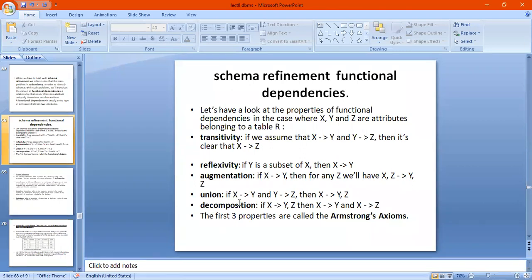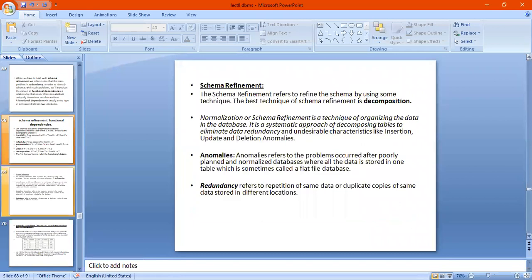Union: if X determines Y and X determines Z, then X determines YZ. Decomposition: if X determines YZ, then X determines Y and X determines Z. The first three properties are called Armstrong's axioms, which are used for functional dependencies and for schema refinement.